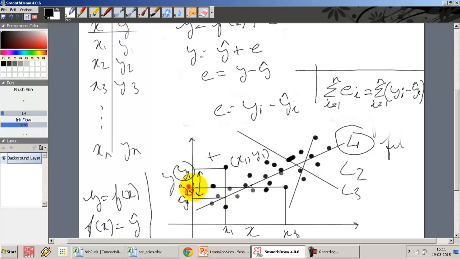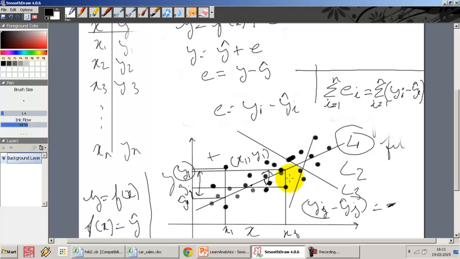This is yj. But the predicted value of y lies on this line, which is over here somewhere. So the error over here is this distance. If I plot out this error, which is yj minus y hat j, in this case y hat j is greater than yj, therefore the error is going to be a negative value.